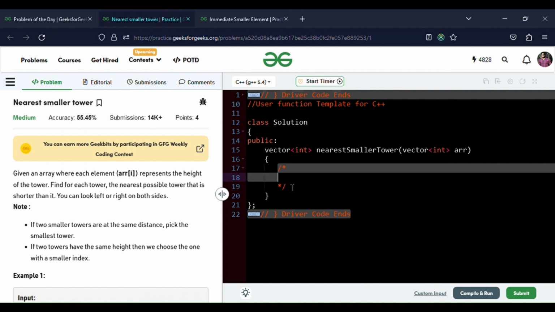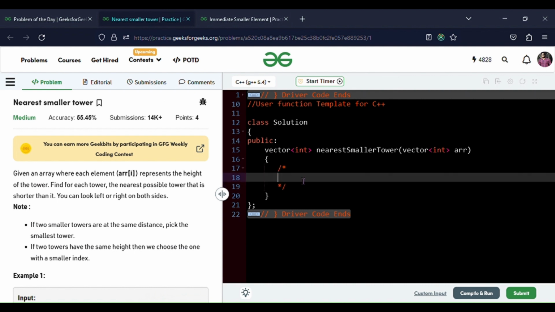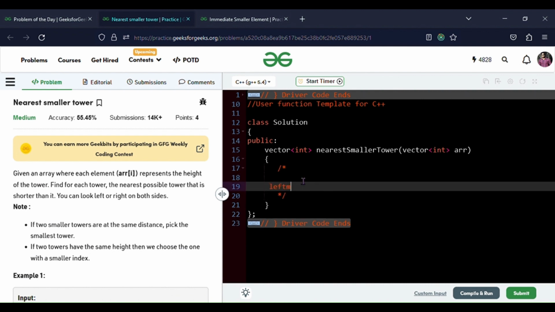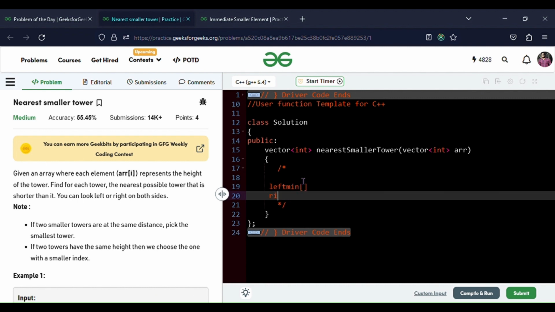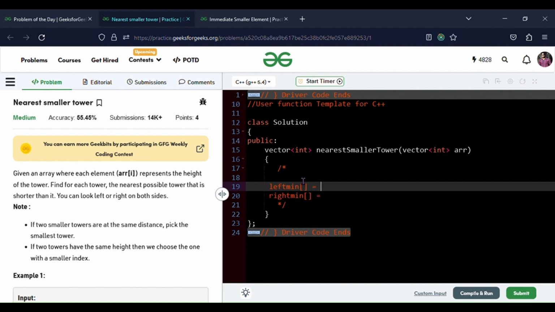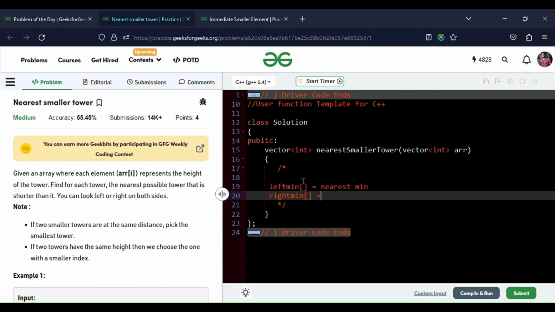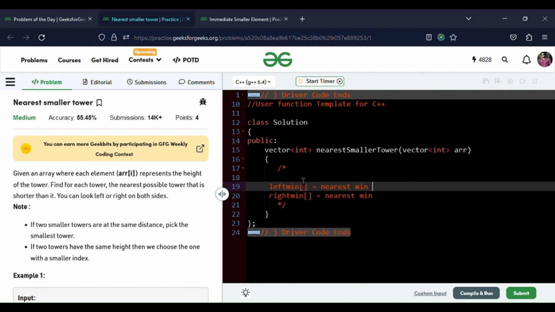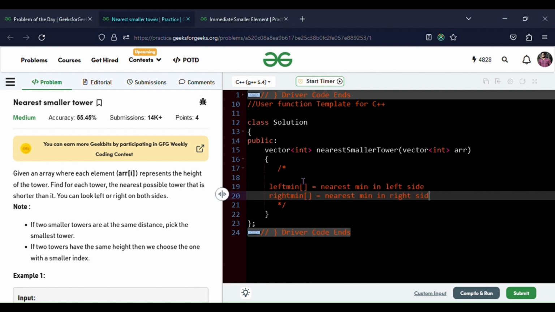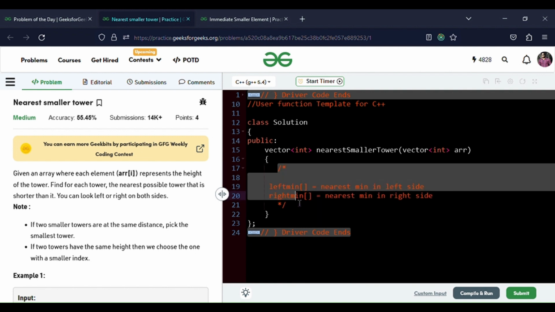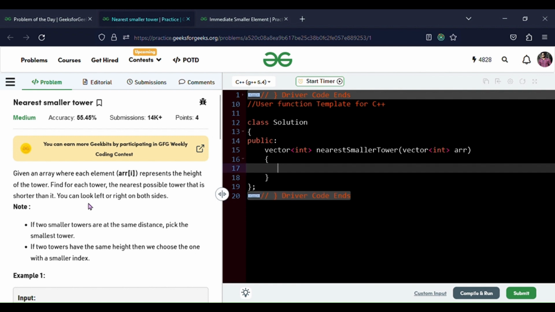So this concept will come, we have to calculate the left minimum for each element and the right minimum for each element, the nearest min on the left side and the nearest min on the right side. So this is the approach.